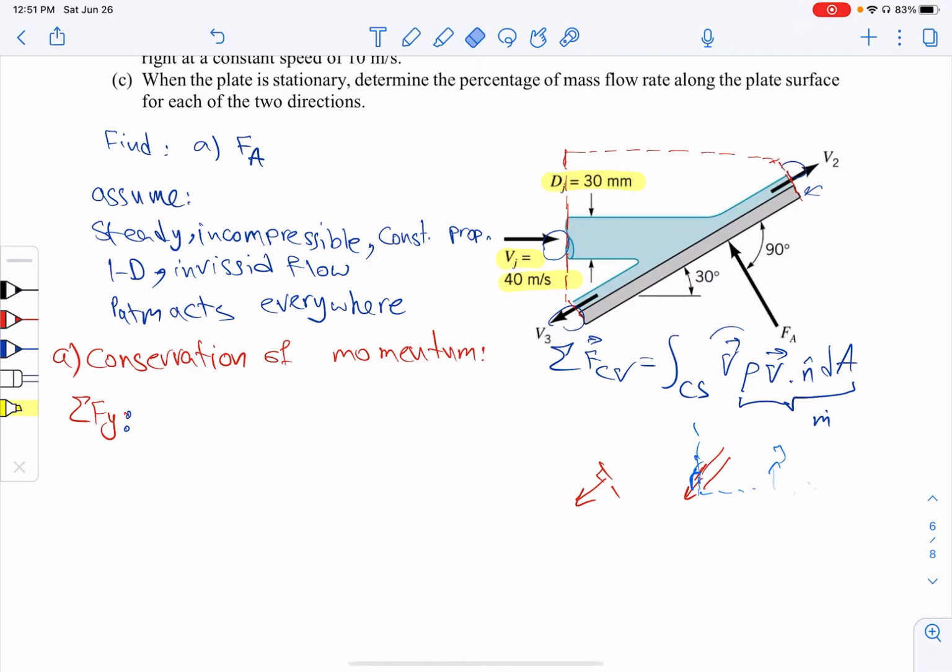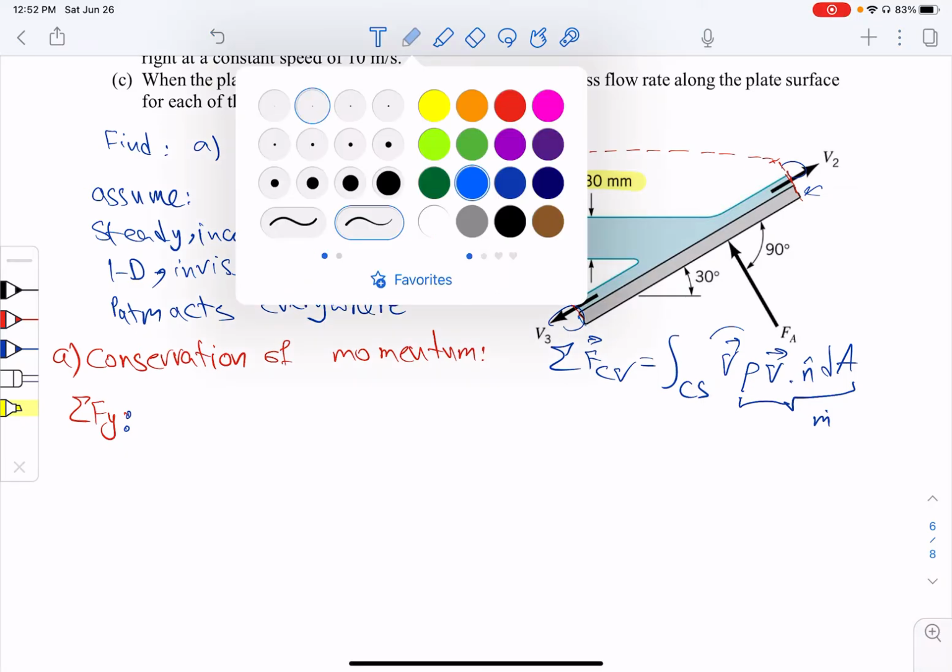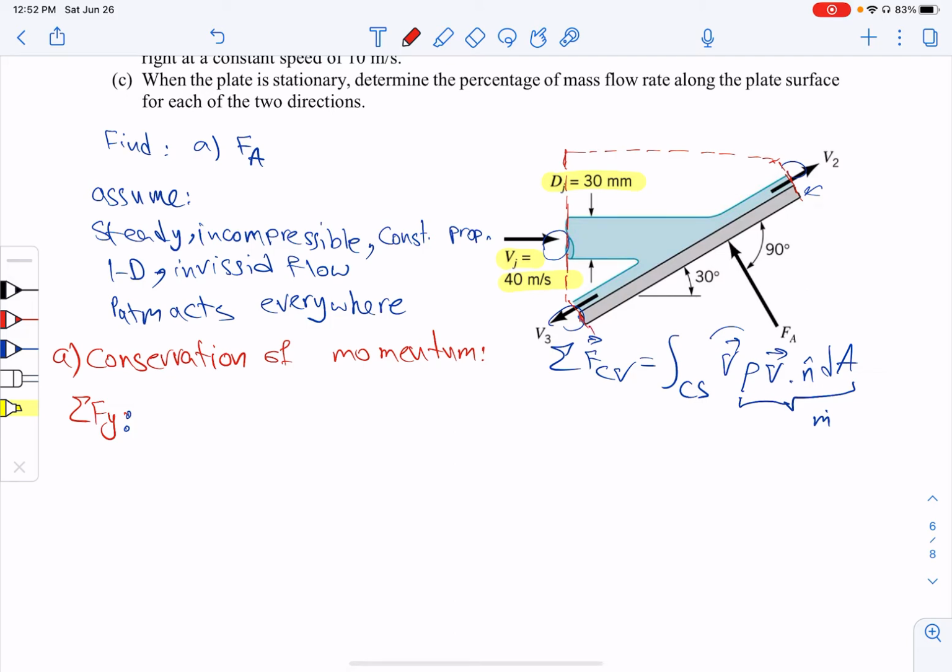To ignore that, you can simply draw it so that the velocity is perpendicular to your control surface. This is my control volume, right?